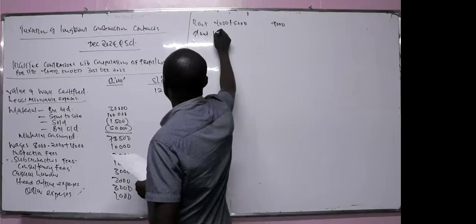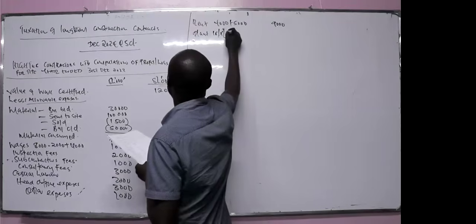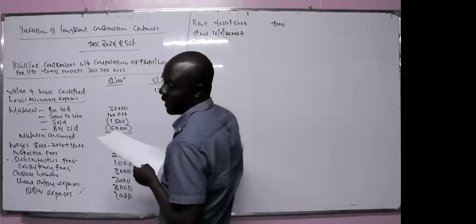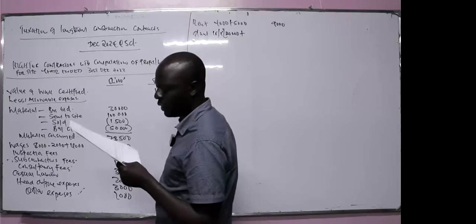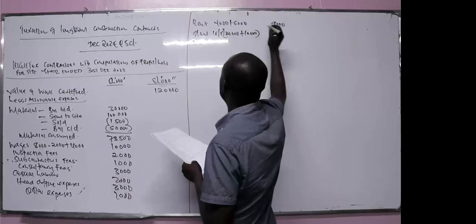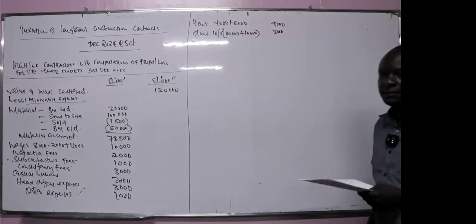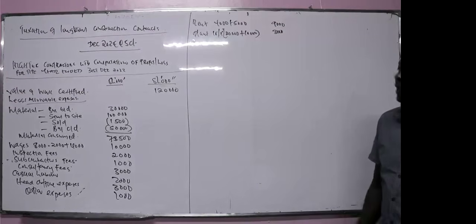Then we have investment allowance on plant, 10%. The written down value at the beginning was 20,000, plus another one that was acquired during the year, 10,000. So that one gives you 3,000. Yes?